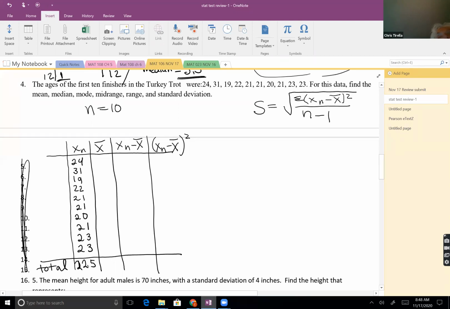Did anybody get a total of 225? Yeah. And so our mean is that 225 divided by 10. So our average age is 22.5.